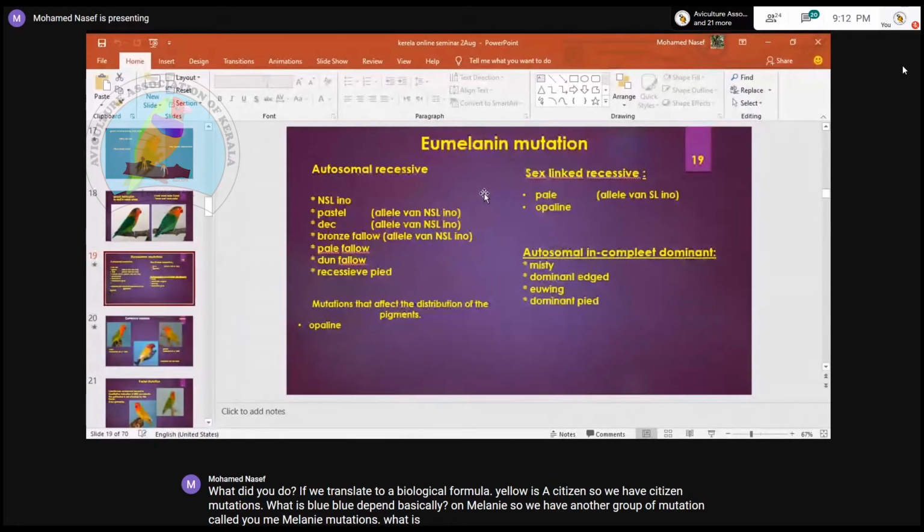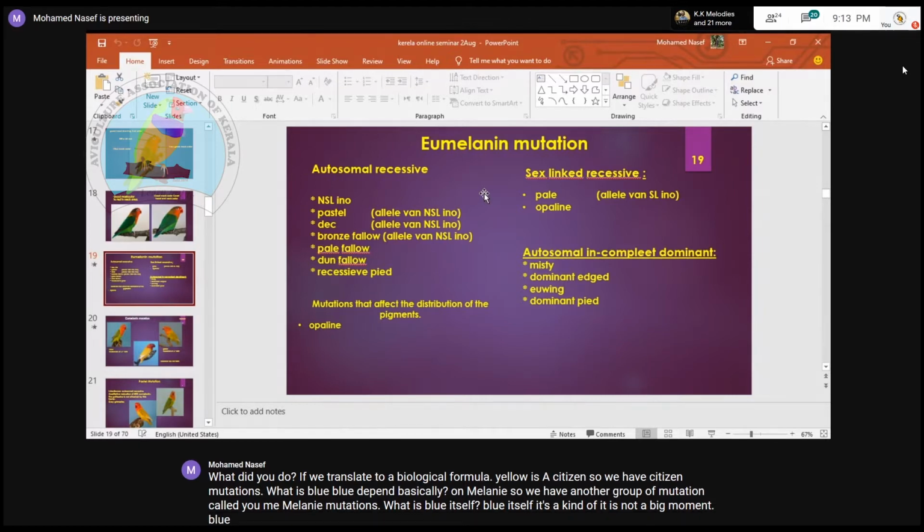What is blue itself? Blue itself is not a pigment. Blue is a phenomenon originated from a specific structural matrix of a certain area in the physics.